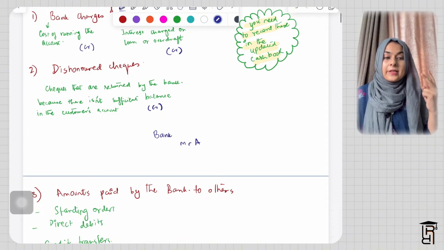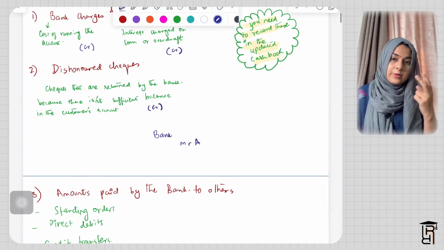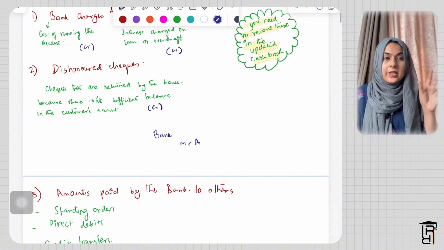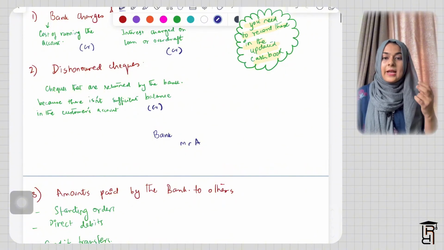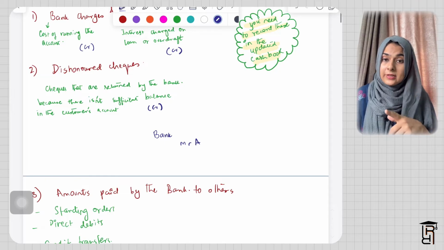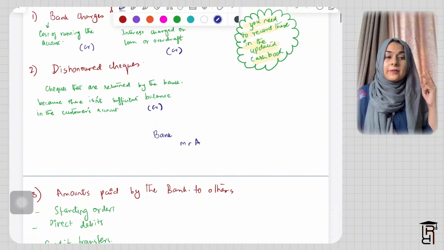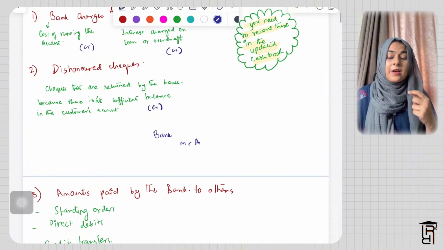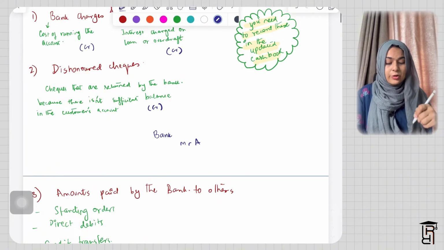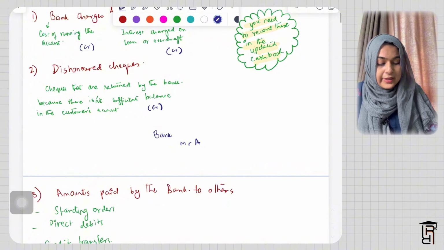That is a one-month interval, a fixed interval, and the amount is also fixed. In a standing order it's a fixed amount at fixed intervals, and if the bank makes a payment on behalf of the business, you need to update the cash book and record this on the credit side of the cash book.